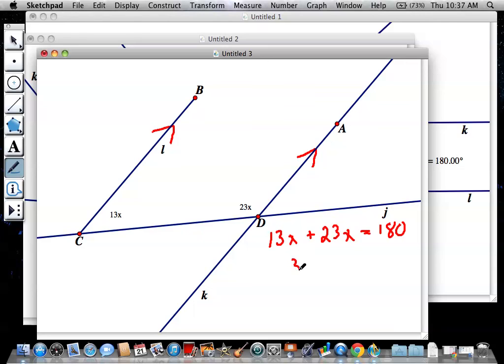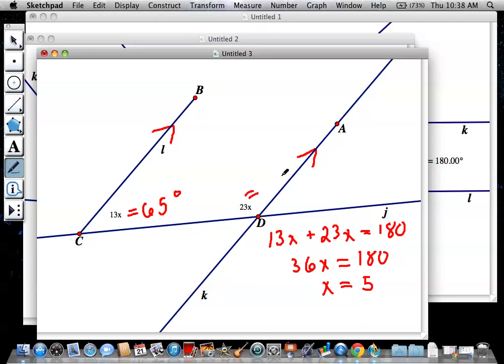So this is 36x equals 180. So x equals, let's reduce that by 6. That gives me 30 on top and 6 on the bottom. So x equals 5. So therefore, I plug 5 back in. This measurement is 65 degrees.